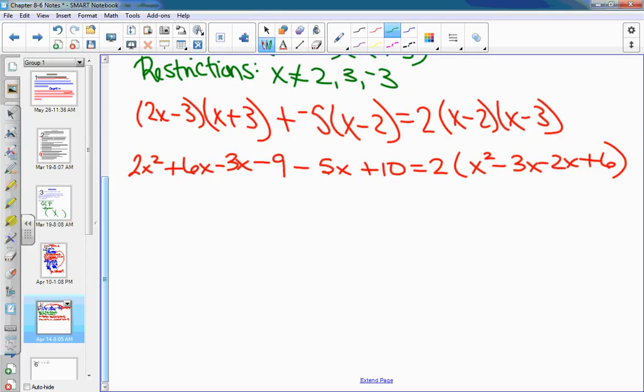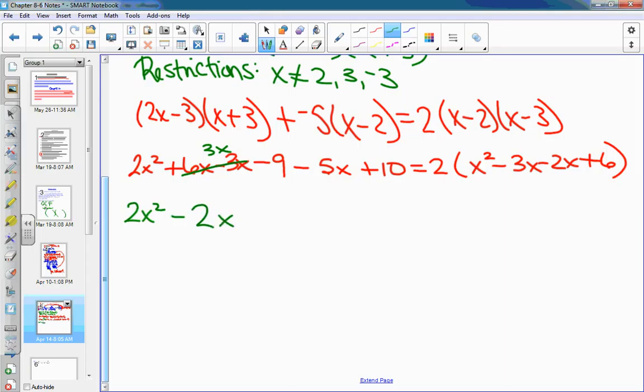Now what do I do? I'm going to combine like terms inside parentheses and also on each side. So I'm going to have 2x squared, 6x and 3x, or subtracting that gives you what? 3x. Minus 5x gives you negative 2x.